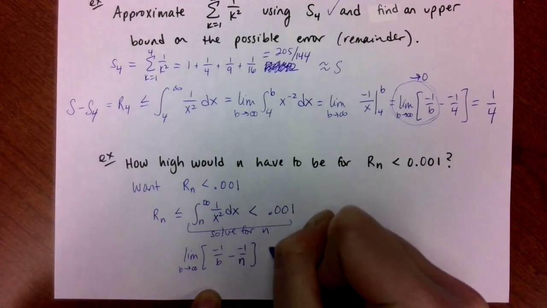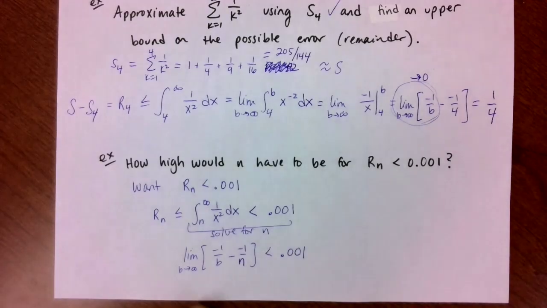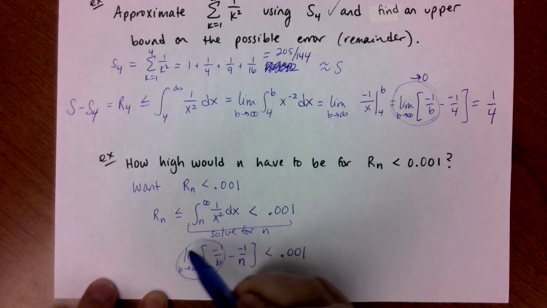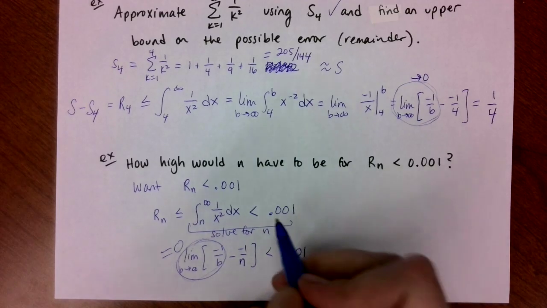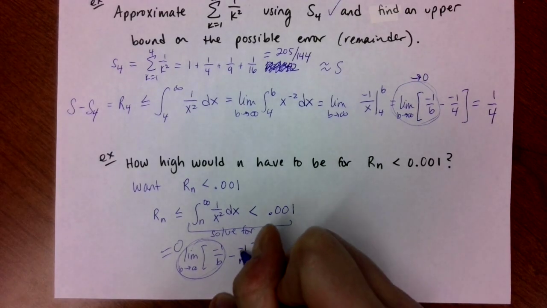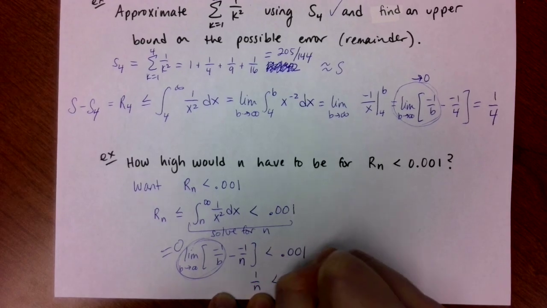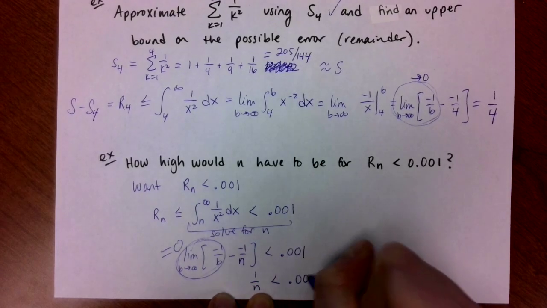So I'm going to put an n there. I still want that to be less than 0.001. And again, still seems like we have too many letters, but this limit is 0, right? This limit we know is still 0 because b is approaching infinity, 1 over b will shrink. So whatever n is, this comes out to minus a negative, so it goes positive, 1 over n.